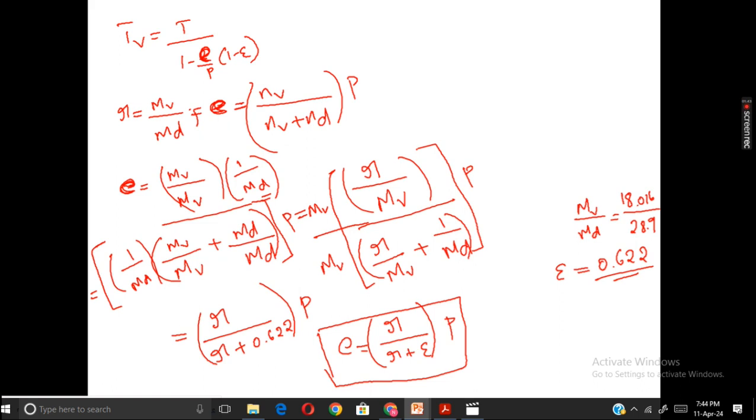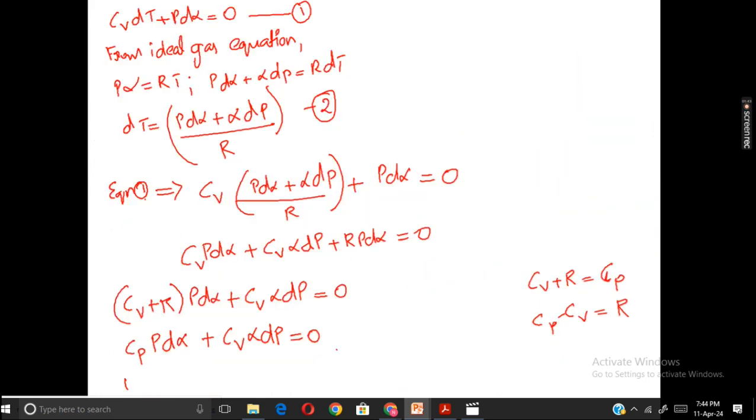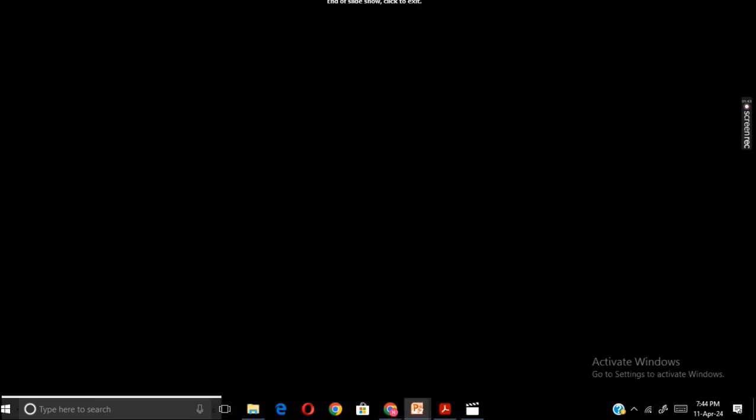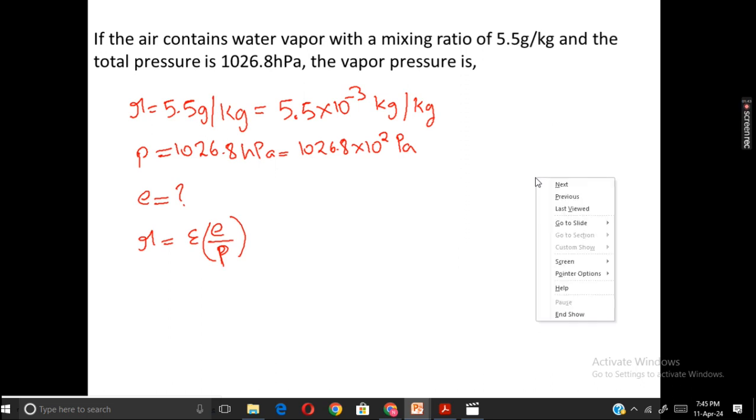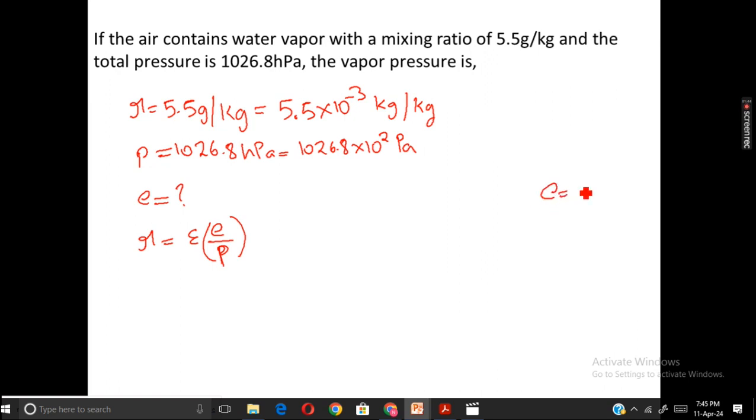We found that E is equal to R by R plus epsilon into P, or E by P is equal to R by R plus epsilon.